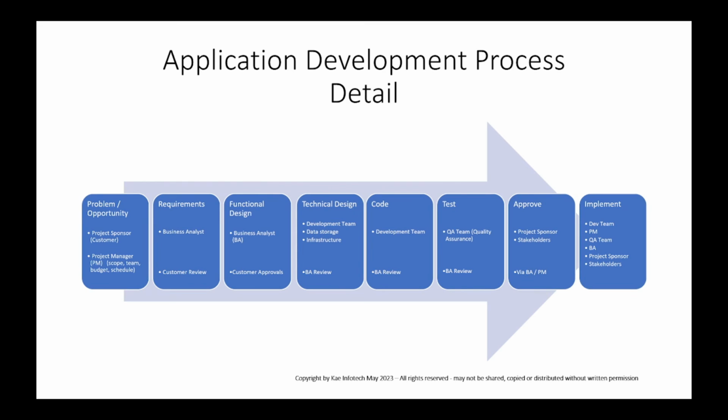So now you can see in the application development process, there's a lot of different areas to work in, right? So there's what I call the administrative areas of business analyst, project management, like these areas here. Then there's the coding and technical stuff that happens here. Then there's the testing, which is a little bit of coding, a little bit of data, a little bit of administrative.